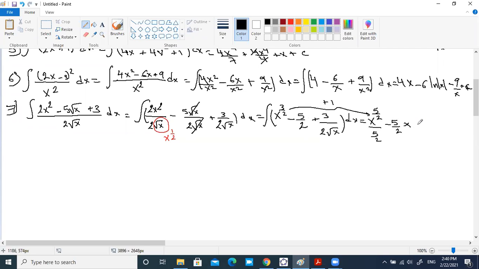And the last one, plus 2 times 3 over 2 radical x plus constant c.